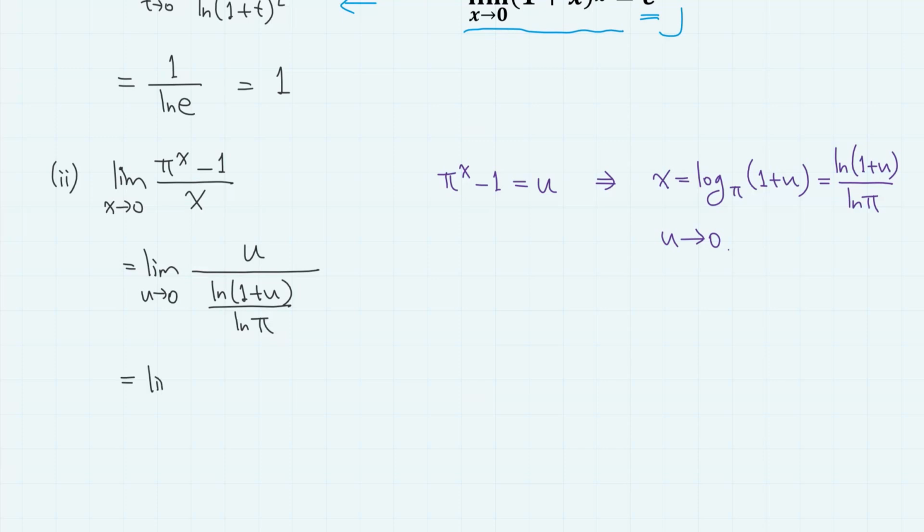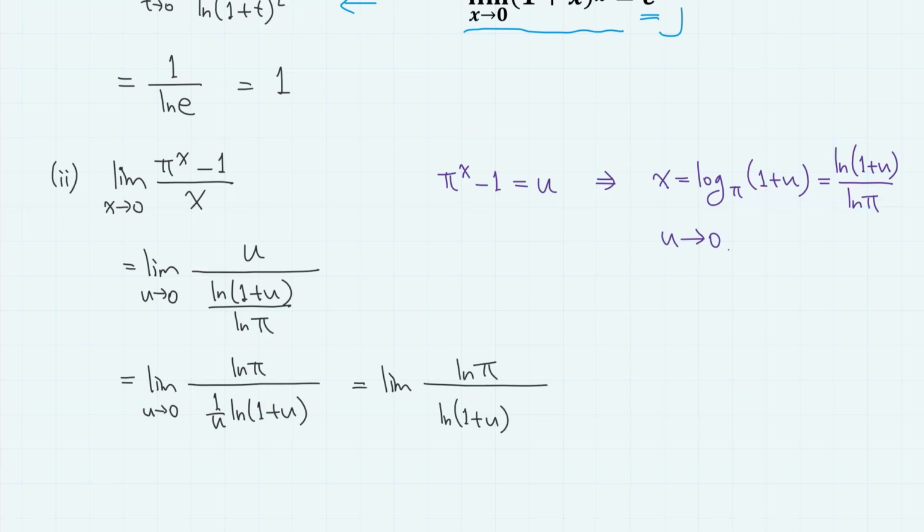So this time we have ln pi here, then 1 over u ln 1 plus u here. So the limit of ln pi divided by ln 1 plus u raised to the power of 1 over u, and this part approaches constant e, so ln pi over ln e, so ln pi.